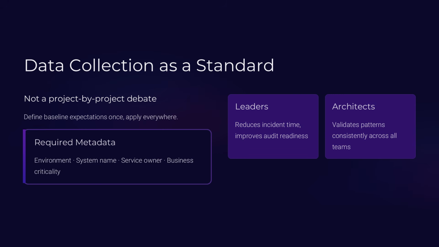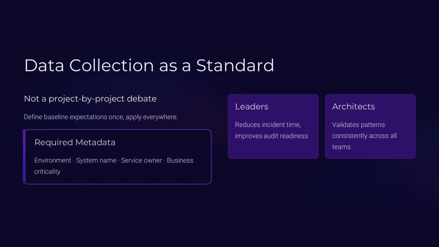With access patterns clear, you now make collection consistent because inconsistency is the enemy of enterprise operations. You define standard telemetry expectations for platforms and workloads, including baseline logs, key metrics, and application insights signals where applicable.